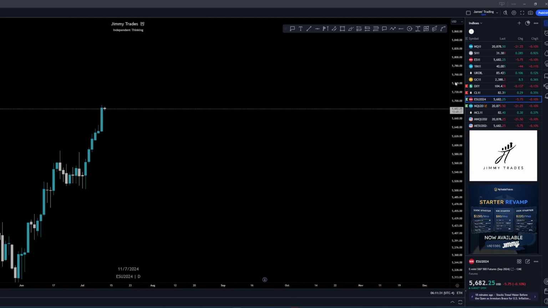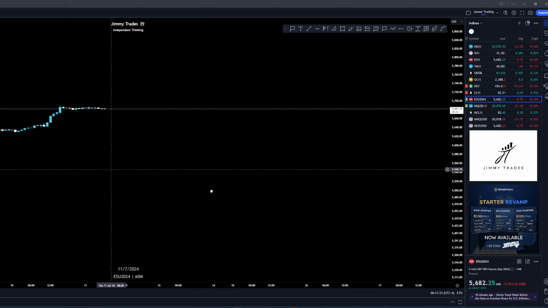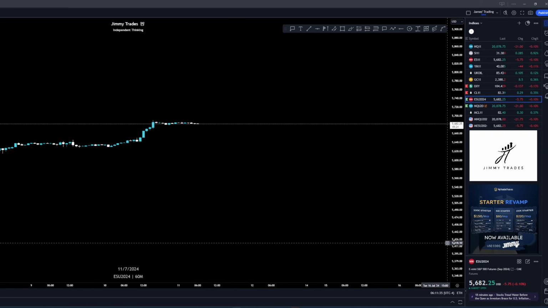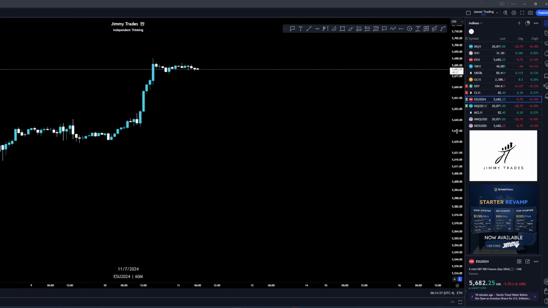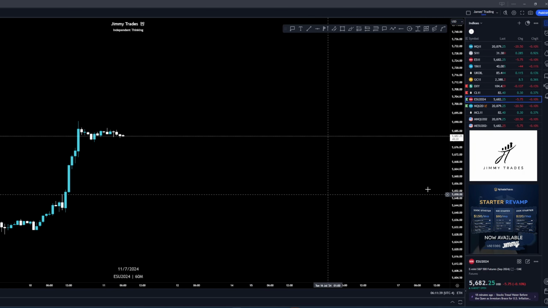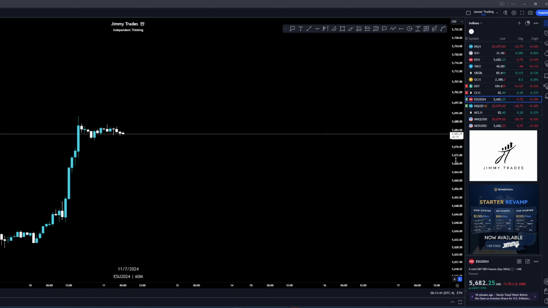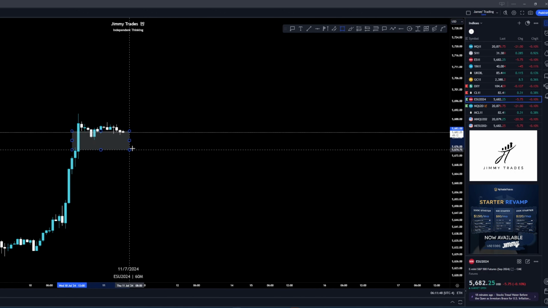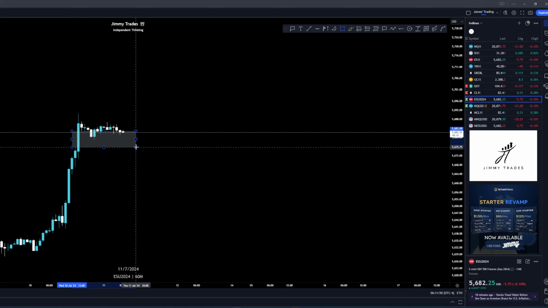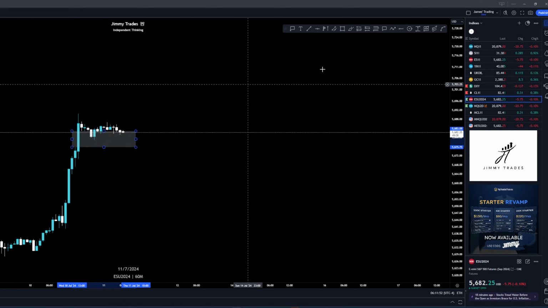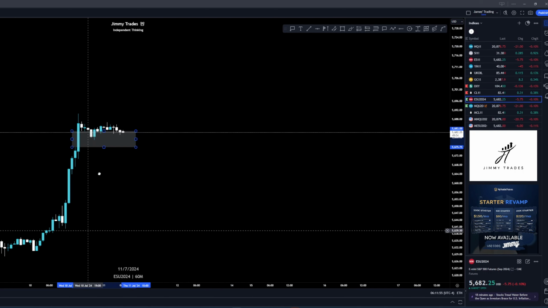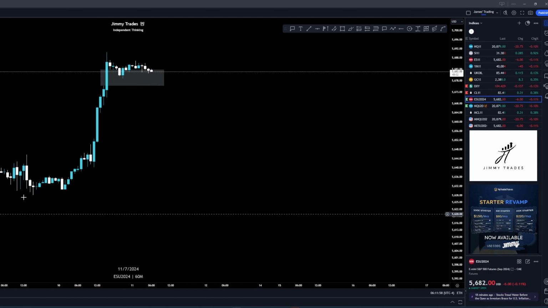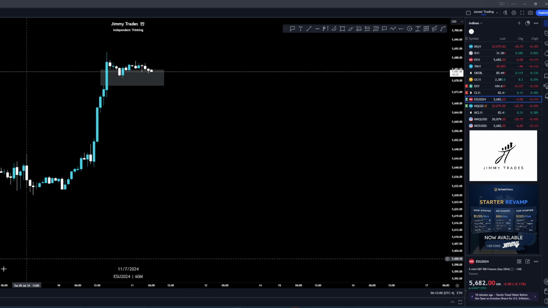Go down to the hourly. Okay, again, price has already tapped into this hourly break, hourly busy, but also, we just got bullish momentum.